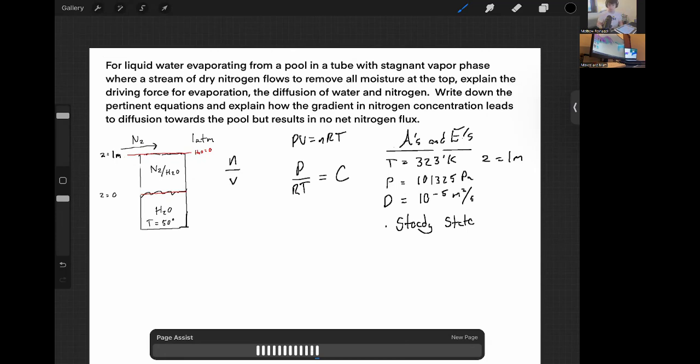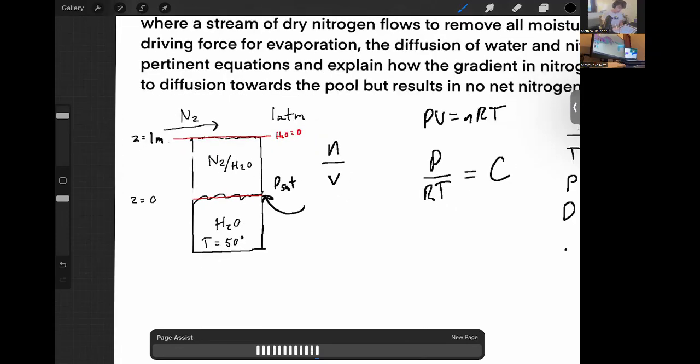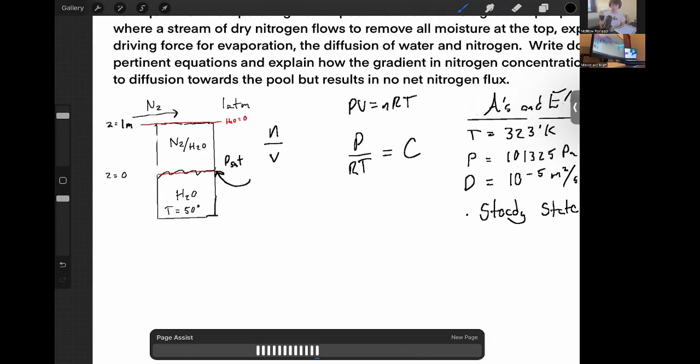That would be our concentration equation, right? So if we want to find the concentration at a distance of 0, where we have this saturation line, we have our saturated pressure, and we can at least have a starting point for this concentration.